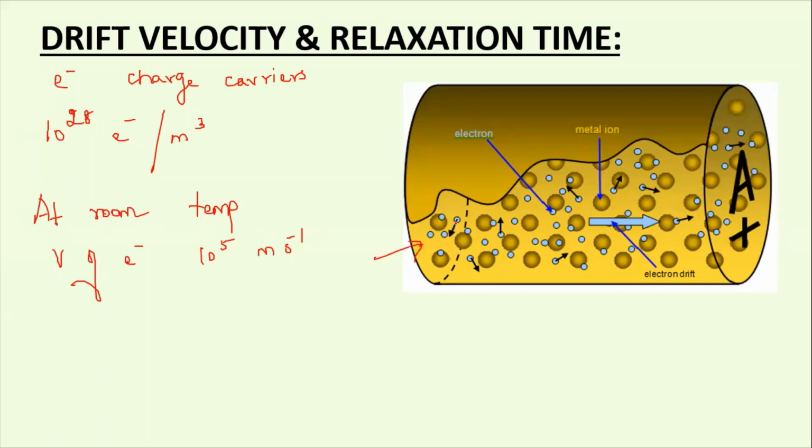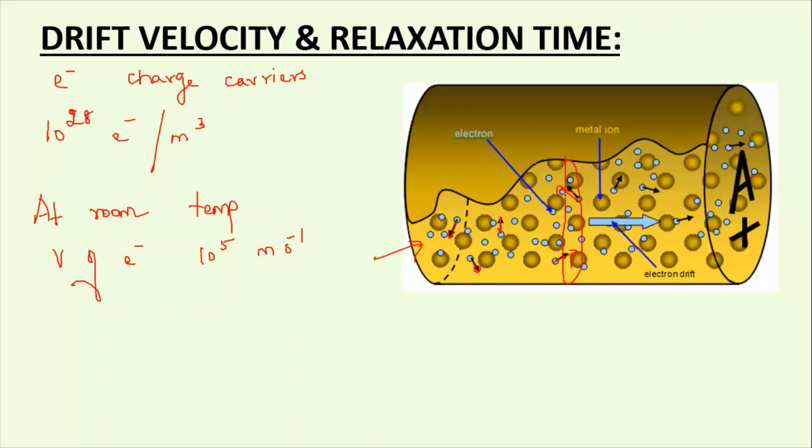You can see one electron is moving this side, another electron is moving this side, one is moving this side. If you take a small cross-sectional area like this, the number of electrons moving in the forward direction will be equal to the number of electrons moving in the opposite direction.